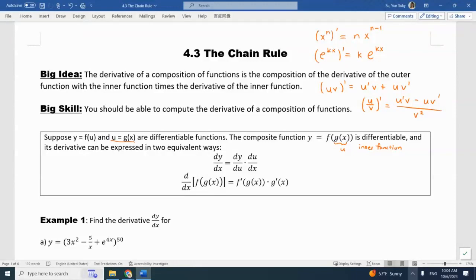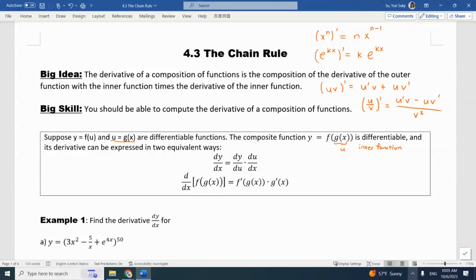The derivative of the composite function y equals dy/du, so the derivative of f evaluated at u, g of x, times du/dx. Because u is g of x, du/dx is just g prime of x. So these two expressions just mean the same thing.